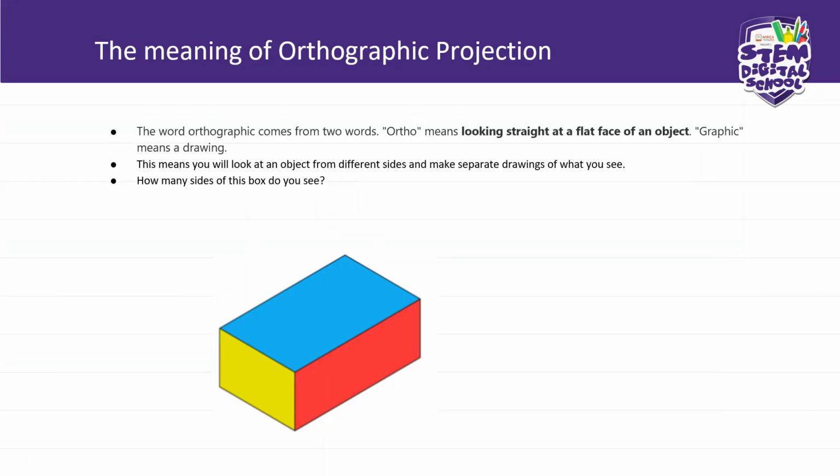How many sides of this box do you see? Let's see. I see only 3. I know there are other sides that are hidden, but at this angle, this box is standing at an isometric angle. So what I see is 3 sides. I see the top part, the front, and the side.